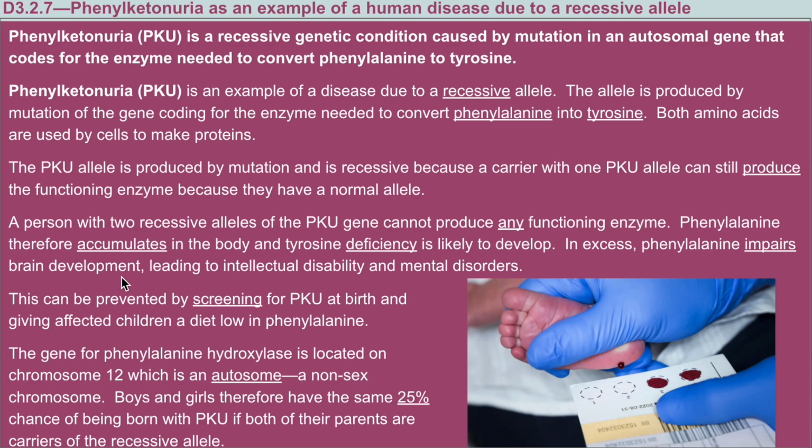This can impair brain development, leading to intellectual disability and mental disorders. Okay, this can be prevented by screening for PKU at birth. And if it's a positive result, then the child would be given a diet low in phenylalanine, which would be the treatment for this condition.